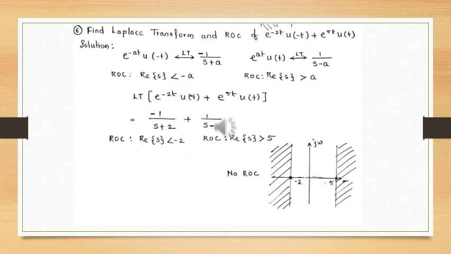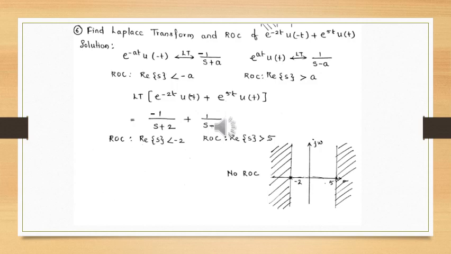So we have s plus 2, plus for the second term, using the reference formula, we have a is equal to 5. So we can write it as 1 divided by s minus 5. Now for the first term, we have real of s less than minus 2. And for the second term, we have real of s greater than 5.